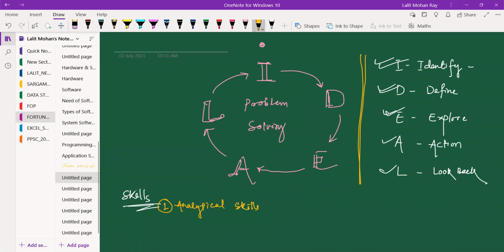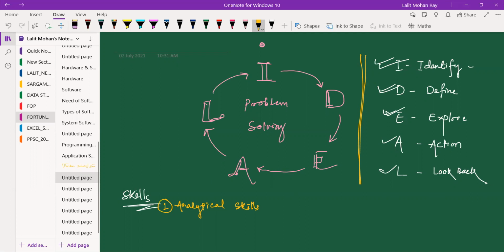Clear? So knowing how to gather data, the given information inside the problem, how to articulate, how to analyze, how to visualize the information, how to solve this problem and make decisions.